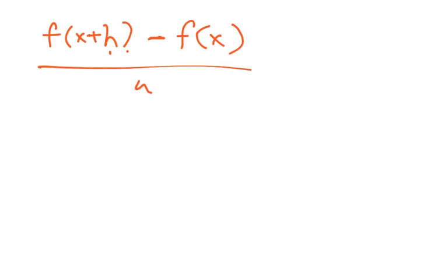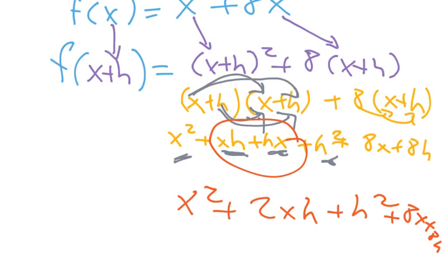What you did is you said, given f of x plus h minus f of x over h, right? So what you did is you said, okay, I'm going to take this and write what it is.